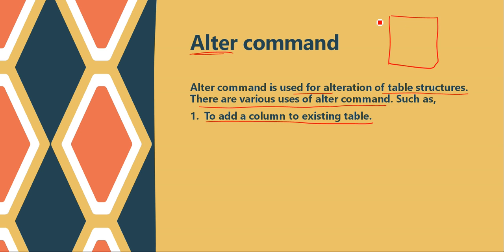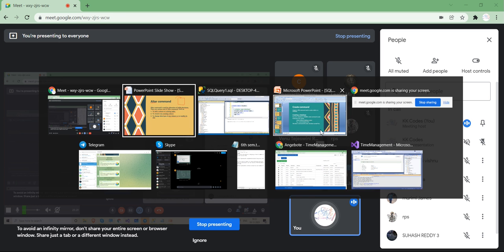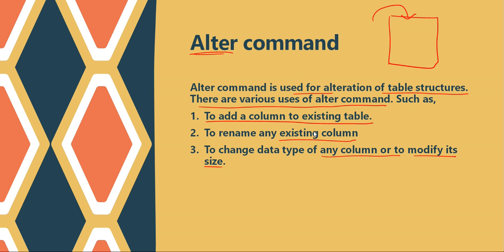It can be inserting a column, renaming any existing column, changing the data type of any column, or modifying its size. So these are all under the category of alter command. Alter command is basically to update the structure.